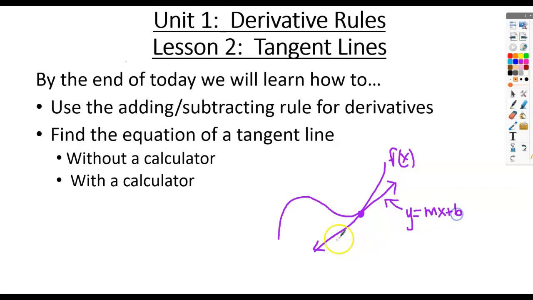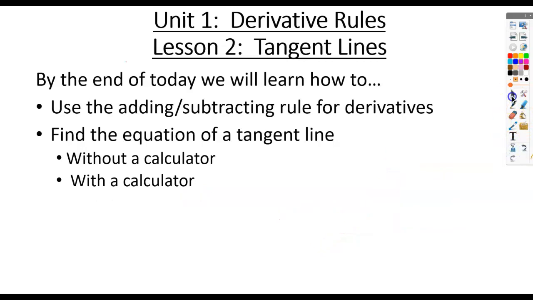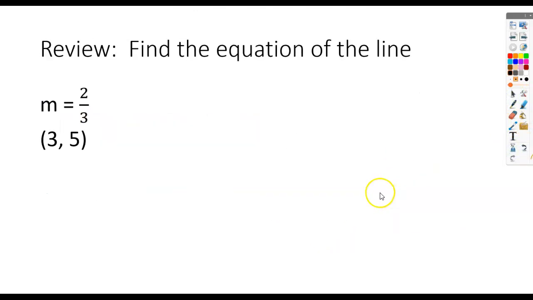It's a linear function. It's a straight line. So the equation of a tangent line will always look like that. And our goal is to find what is the equation of the line tangent to a curve at some specific point, the point of tangency. We're going to do it in two different ways, without a calculator first and then with a calculator. Let's go ahead and jump into that at this point in time.